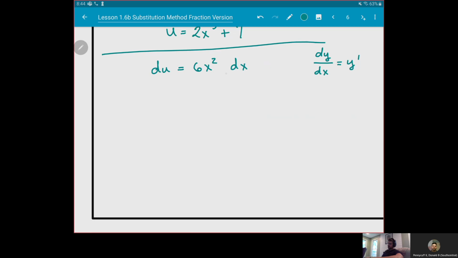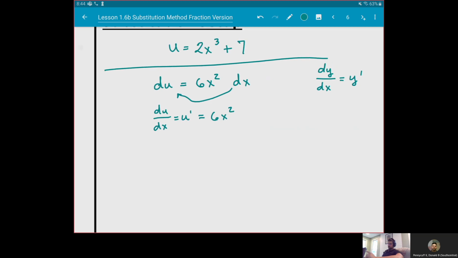Let me just move the dx over. du over dx is u prime. So it is still the derivative. All we're doing, and we're doing it for a reason, is separating the du and the dx into separate sides of the equation. That is really all we're doing.